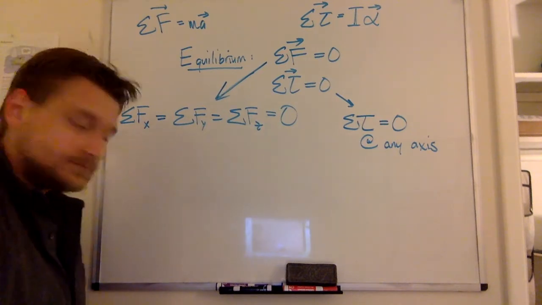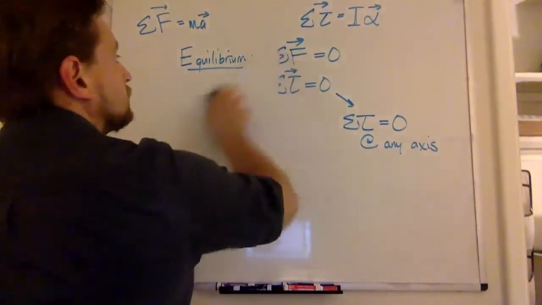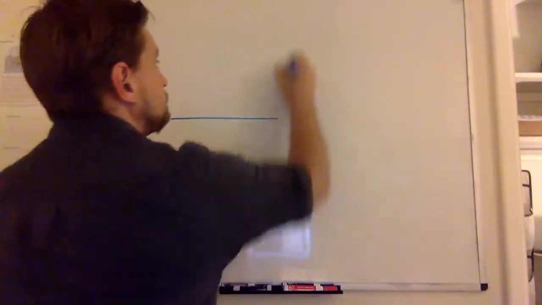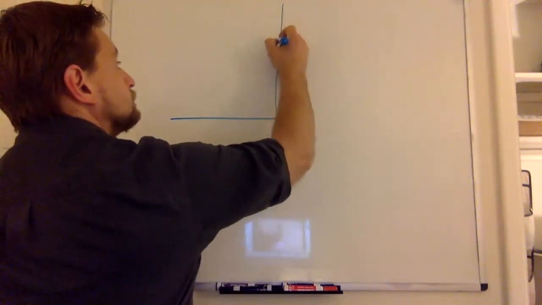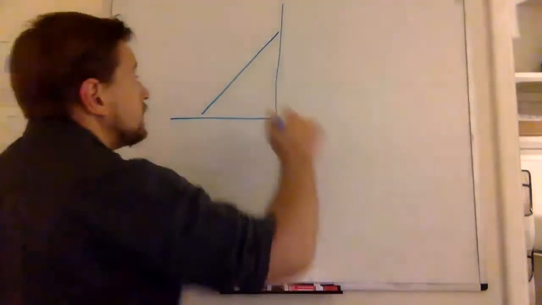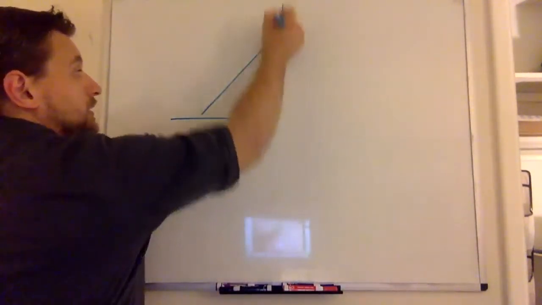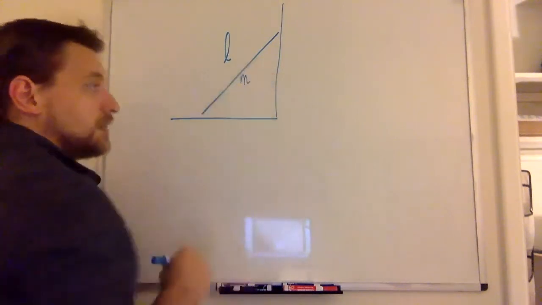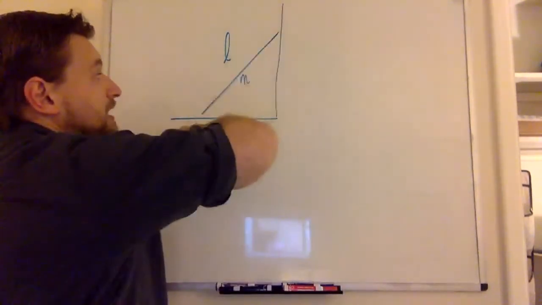Let me show you a quick example. What we've got is a floor and a wall that make a corner, and a ladder of length L and mass M. We'll say that it's a uniform ladder, so its center of mass is halfway along its length.